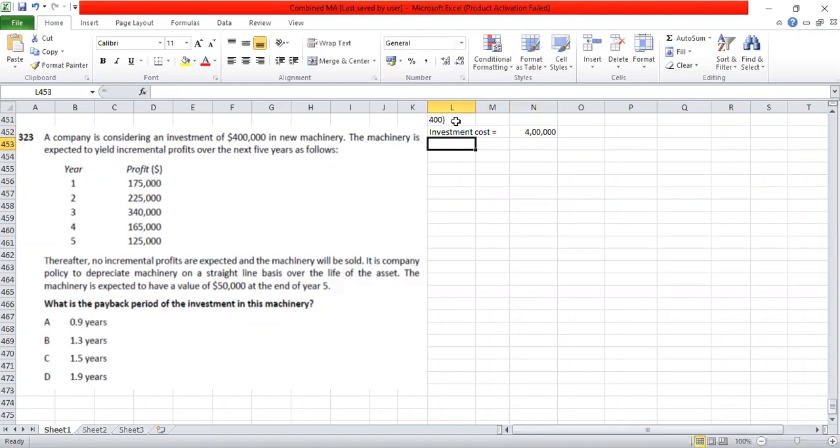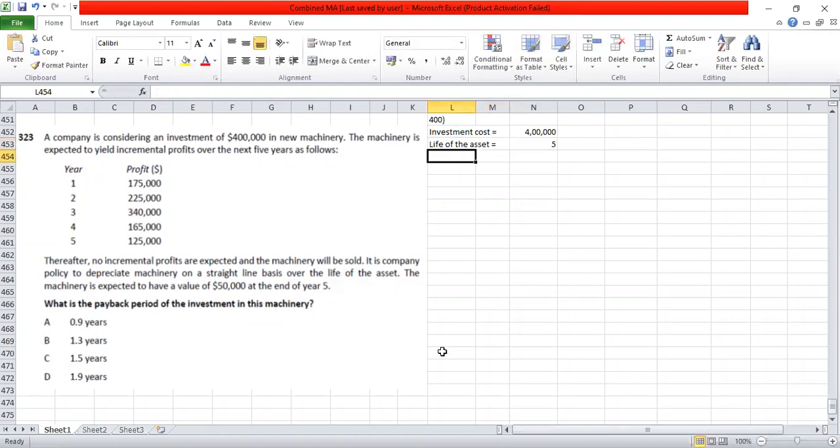What's the life of the project? The life of the asset. The machinery is expected to yield incremental profits over the next 5 years as follows. So, life of the asset, we see it is 5 years.